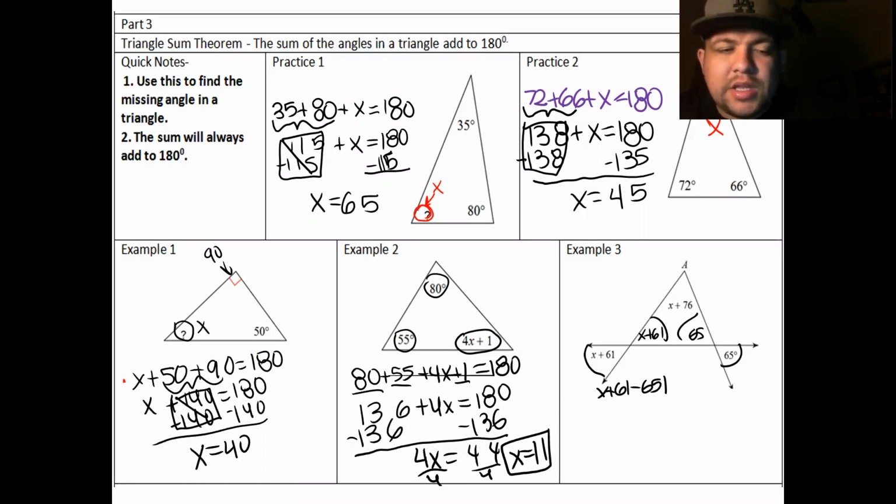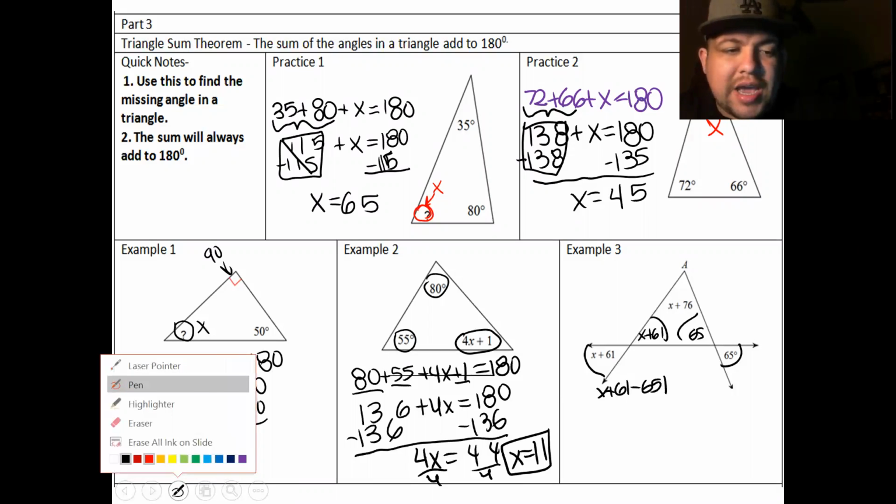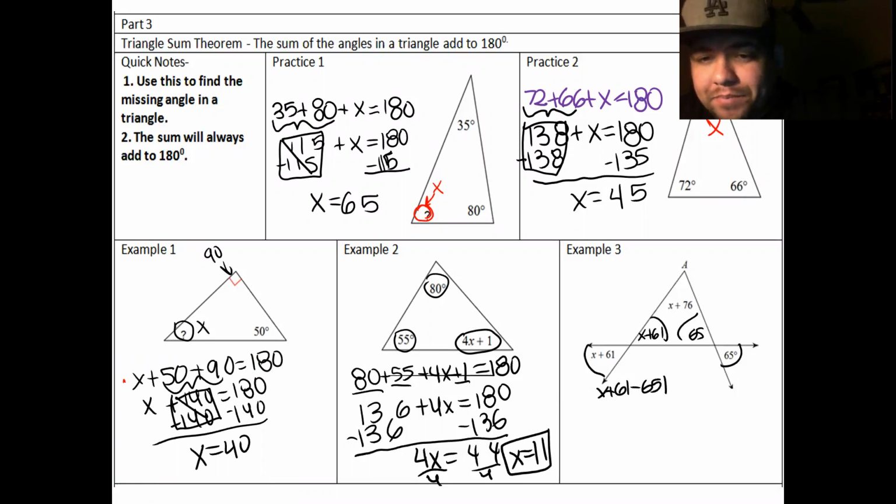So when getting to these, we want to add them all up. 61 plus 65 plus x plus 76 is equal to 180. So 65, 61, 76. There's a lot of numbers.